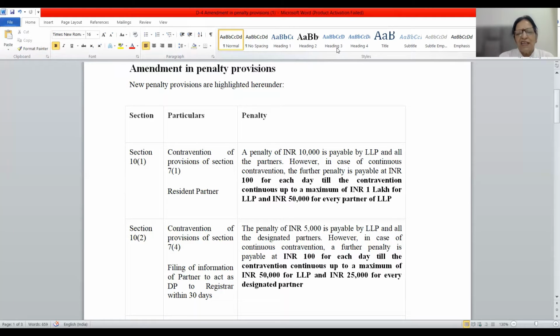In case of non-compliances, the DP is always held liable. So the penalty is 5,000 for LLP, but in case of continuous contravention, the penalty is payable at Rs 100 for each day. But the maximum here is 50,000 for LLP, whereas it is 25,000 for every designated partner. So friends, I hope you have understood this provision of Rs 100 for each day in detail.